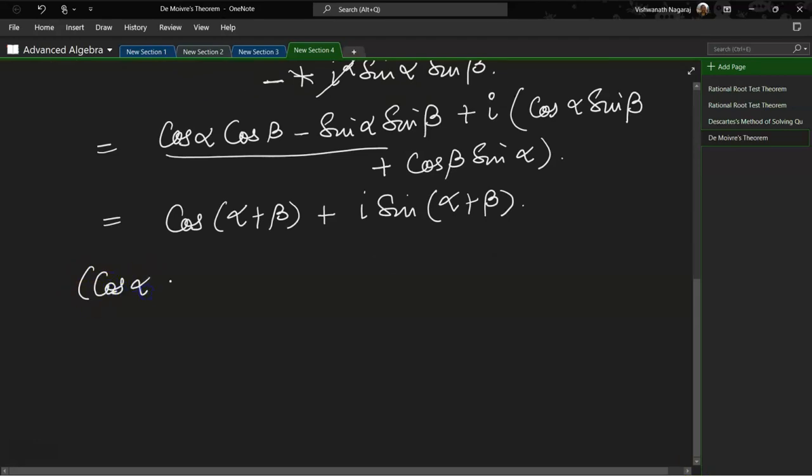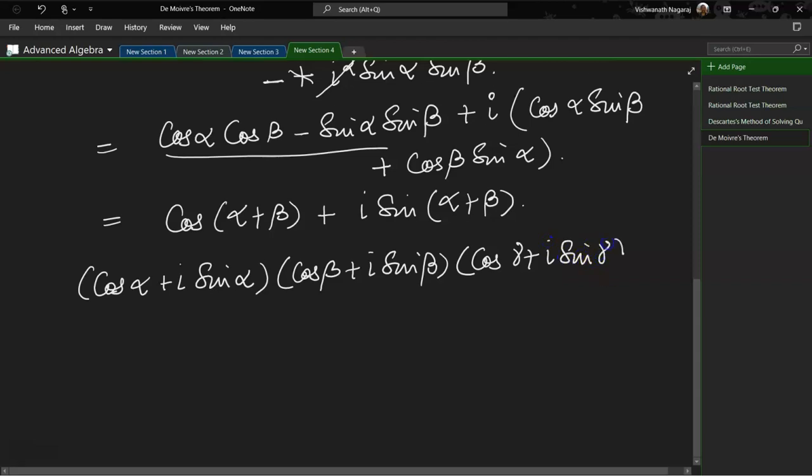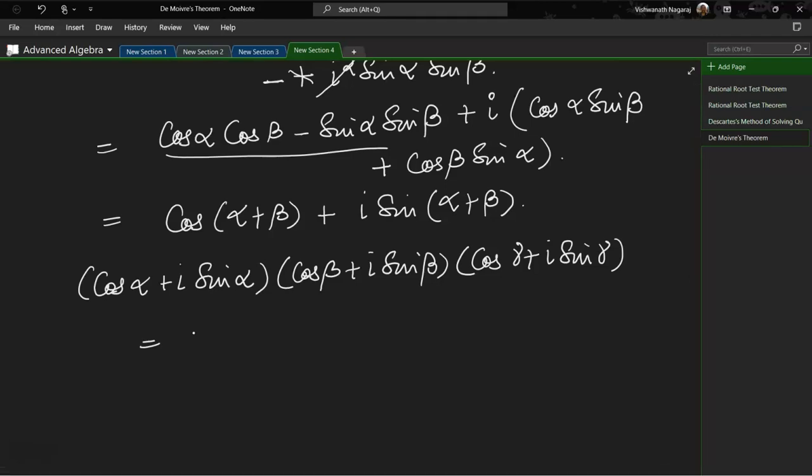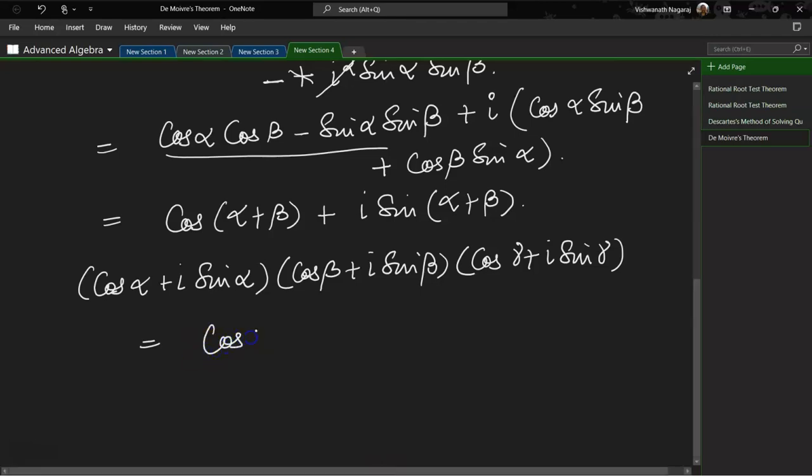So let's add one more factor, cos alpha plus i sin alpha times cos beta plus i sin beta, and now the third factor, cos gamma plus i sin gamma. Now we already know the first two factors. When we multiply, what do we get? Yes, we get cos of alpha plus beta plus i sin of alpha plus beta, this one.